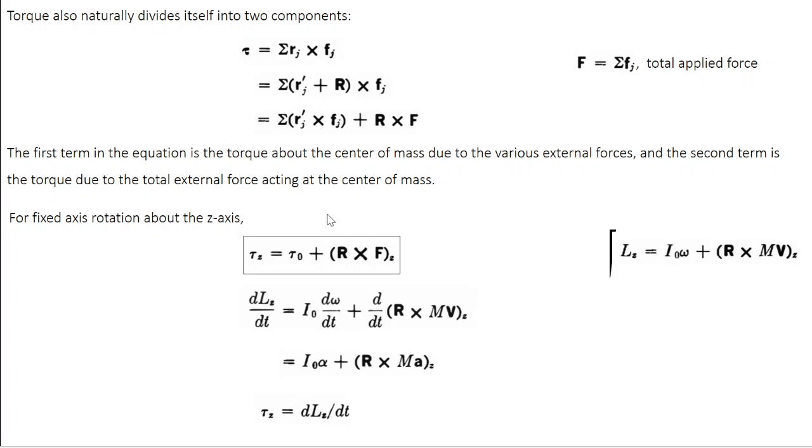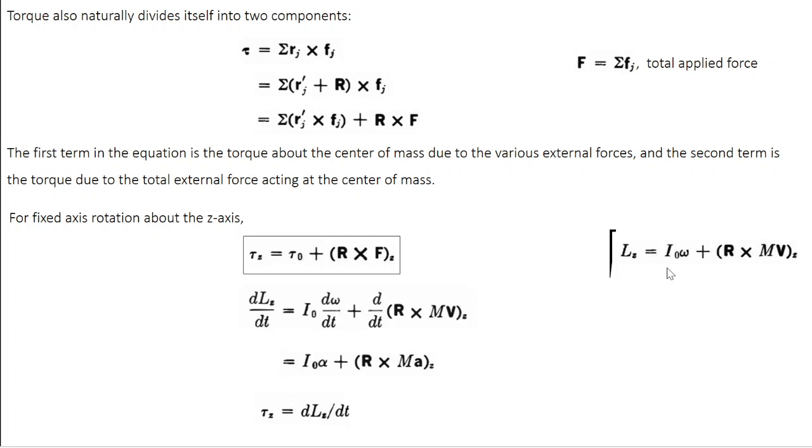Now if you consider fixed axis rotation about the z axis, I am going to consider the z component of the torque. Let me call the z component of the first term tau naught, and the z component of the second term is R cross Fz. So I can write tau z equal to tau naught plus R cross Fz.